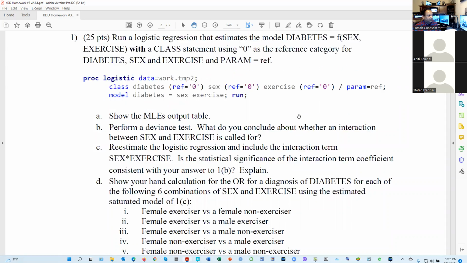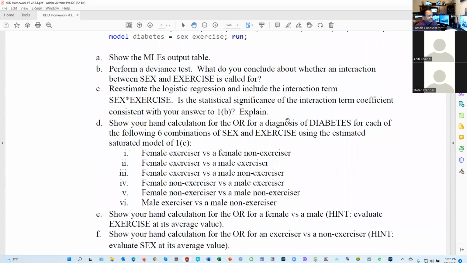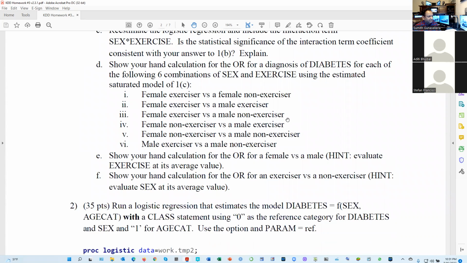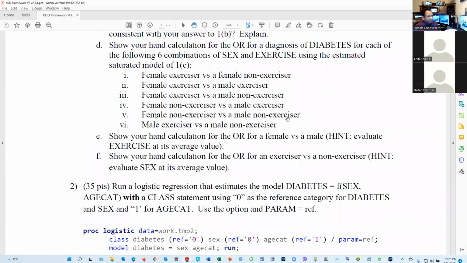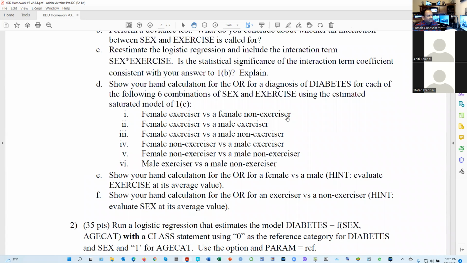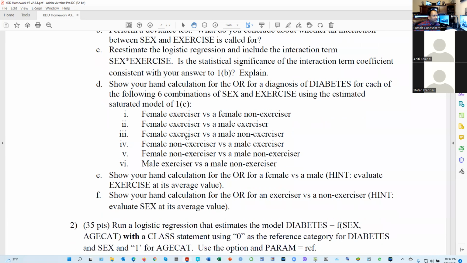With respect to, not this one, where we had the calculation. We did that one earlier. Performance test, what is the OR diagnosing combination? See, that's the same thing.